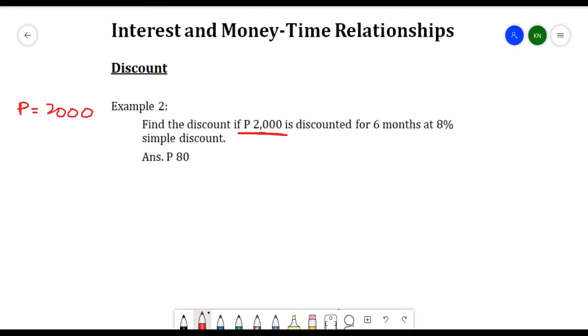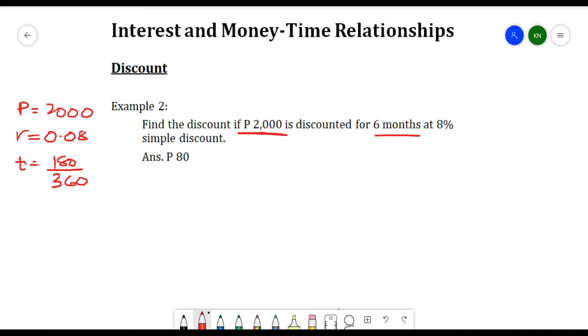We have our rate, the R, which is equivalent to 0.08. And we also have the time, which is 6 months, so 6 times 30 is 180 all over 360. This is again for the ordinary simple interest.